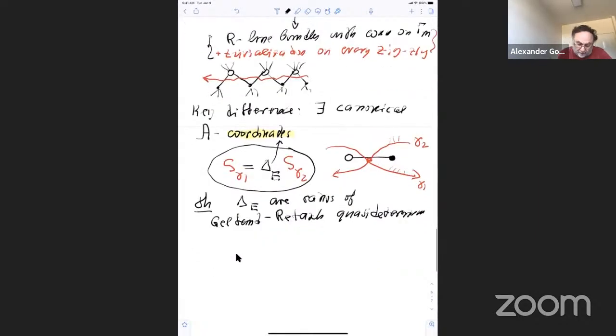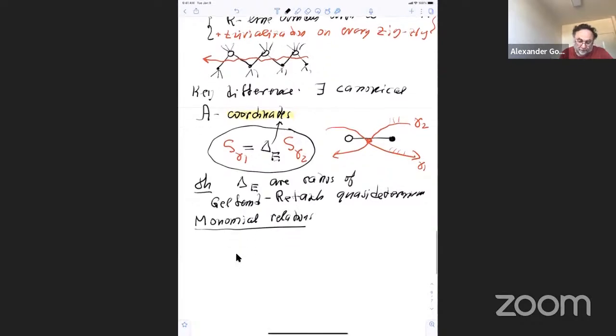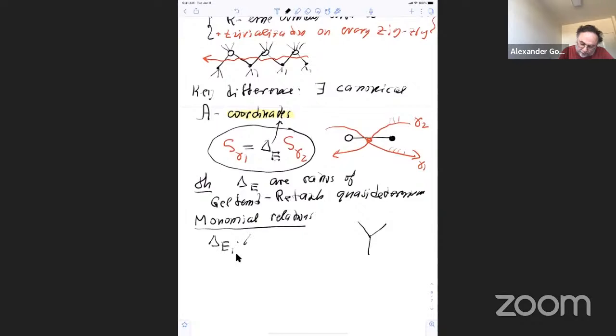But as I said, the little caveat is that there are some relations which are obvious, but usually when we talk about coordinates, we don't want to have relations, but here it's inevitable. And the relations are the following. If you have some vertex, then in our case we have three edges, and the coordinates related to these three edges, when you look at them, let's say clockwise, have product -1.